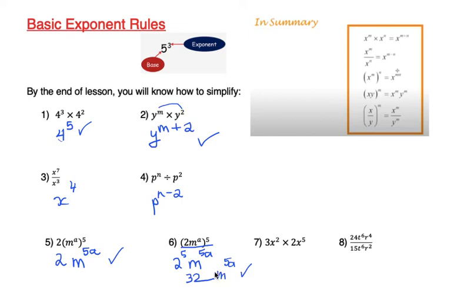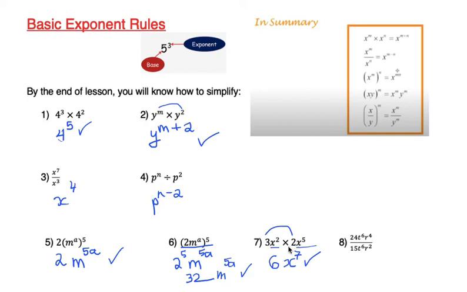So notice the difference. Okay, this one, here, these are just coefficients, just numbers. So 3 times 2 is going to be 6. And these ones are exponents, so x squared and x to the 5. So we're going to apply our addition rule, and our final answer is going to be x to the 7.